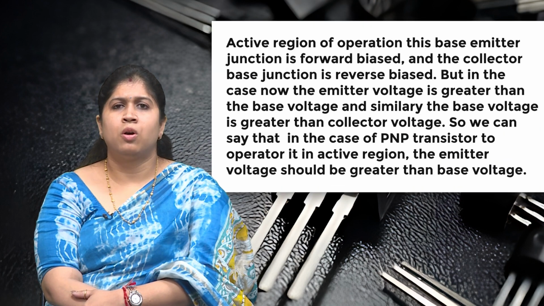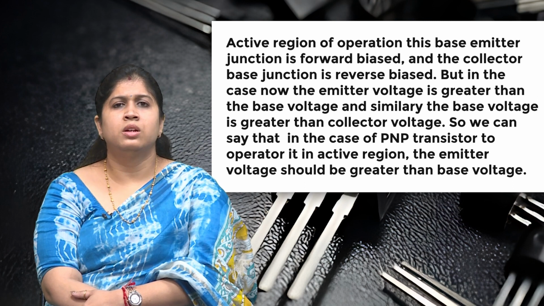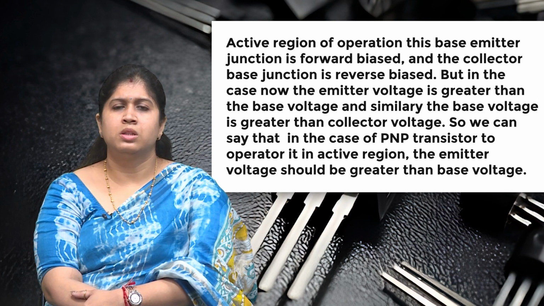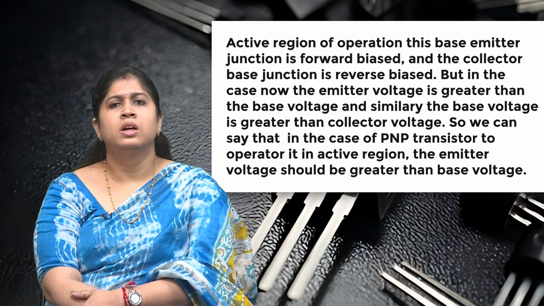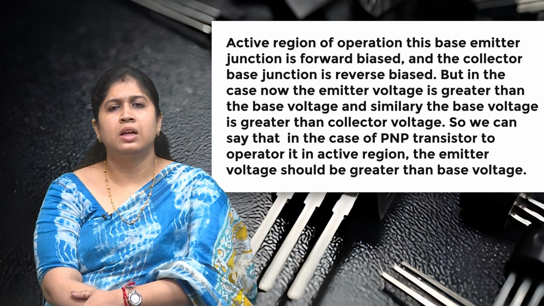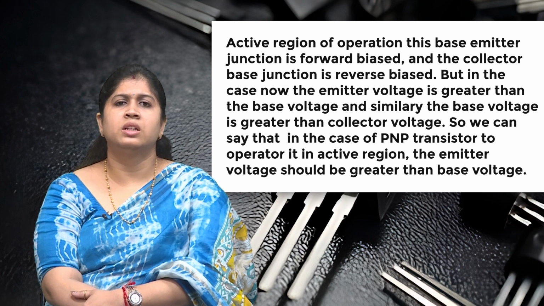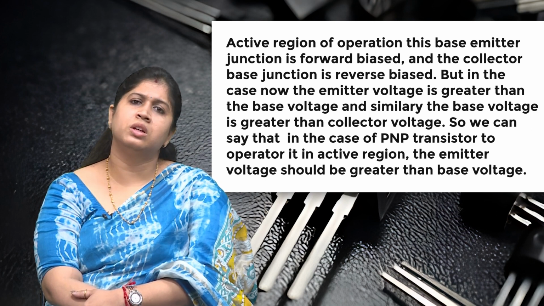Active region of operation. The base emitter junction is forward biased and the collector base junction is reverse biased, but in this case the emitter voltage is greater than the base voltage, and similarly the base voltage is greater than the collector voltage.